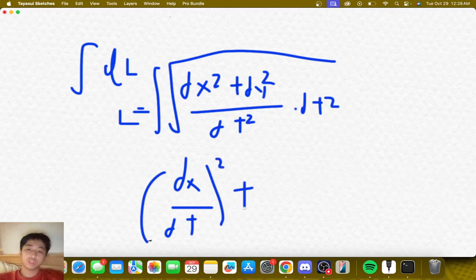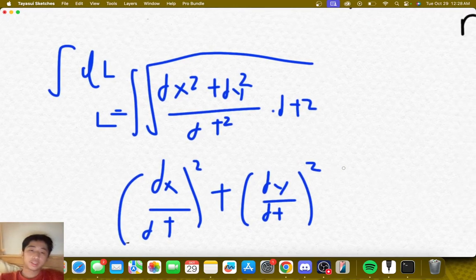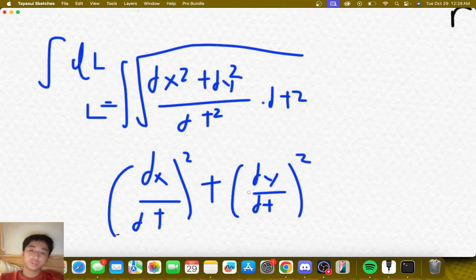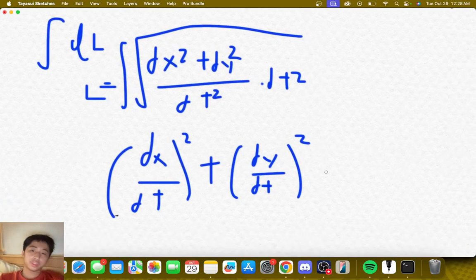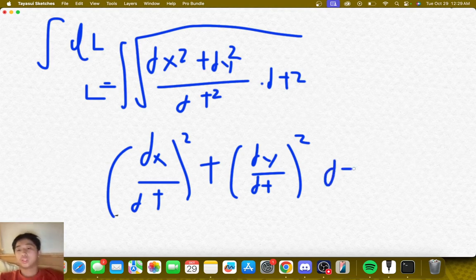Flamingo. Oh, wow. So, last time we had to take out a dx out of it. Here, we just had to multiply a dt and divide a dt to keep balance. There's a dt out here.